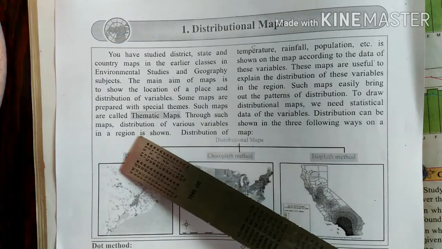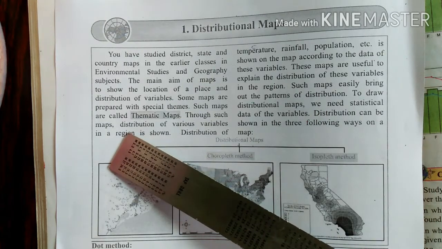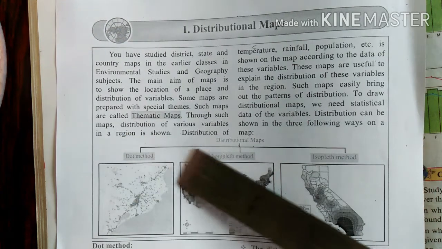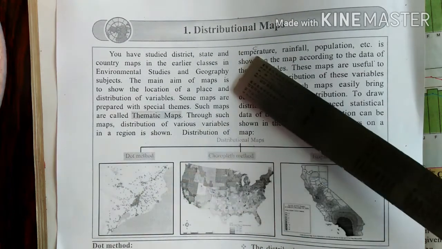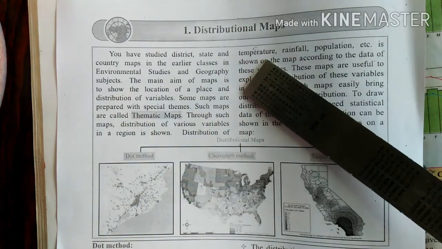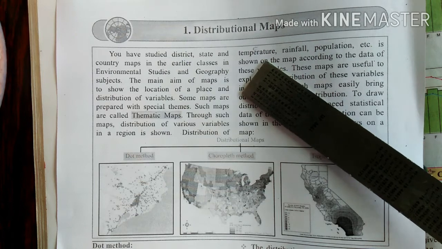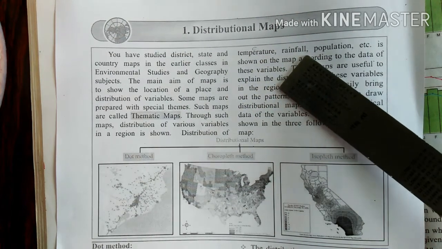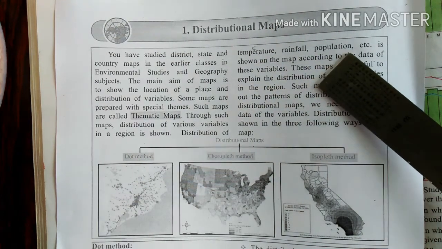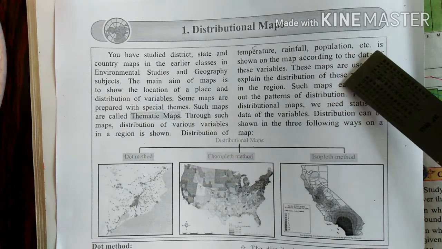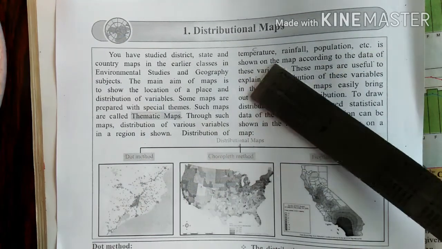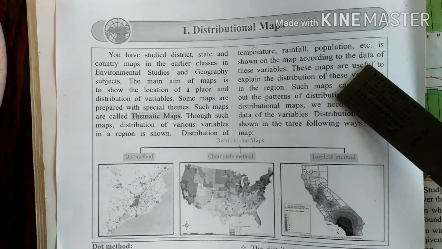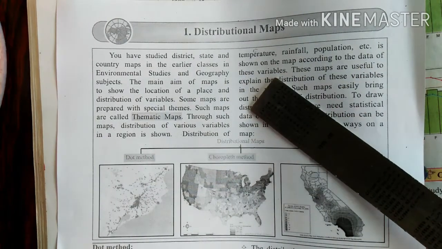That distribution may be of temperature, rainfall or population, and it is shown on the map according to the data of these variables.